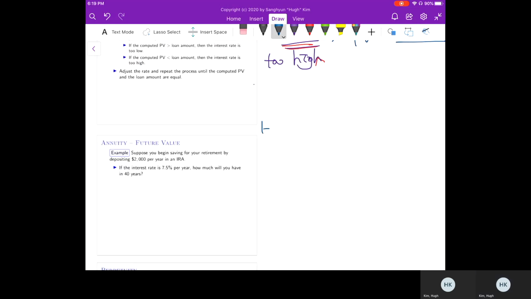You make some regular deposits like this, $2,000 each year, in your retirement savings account for 40 years.